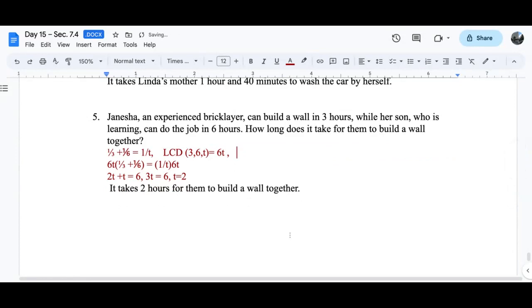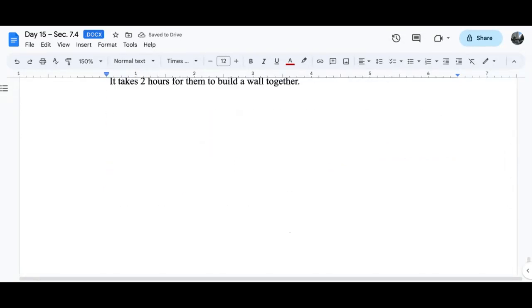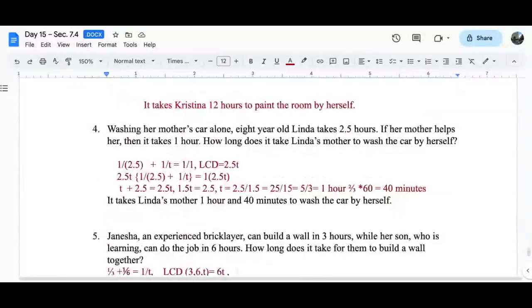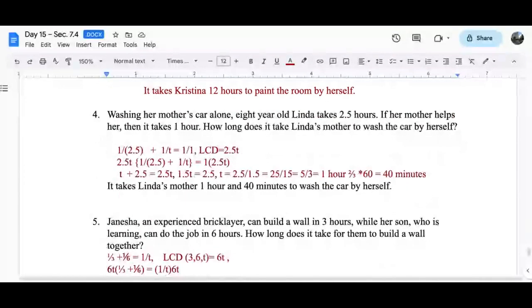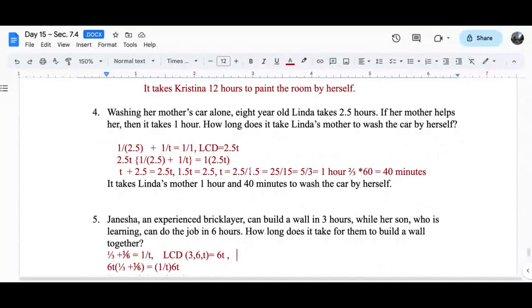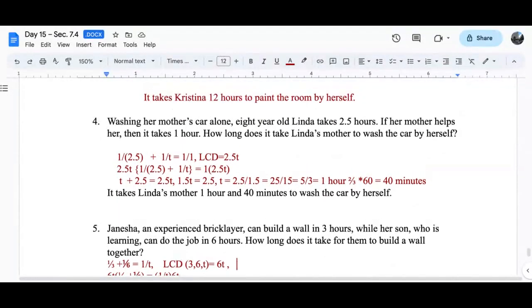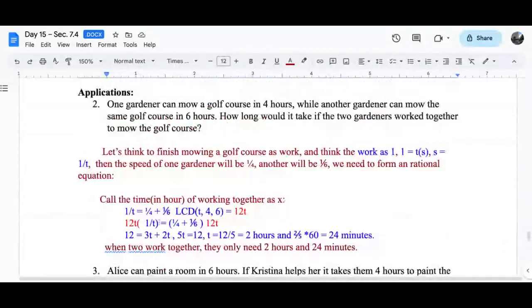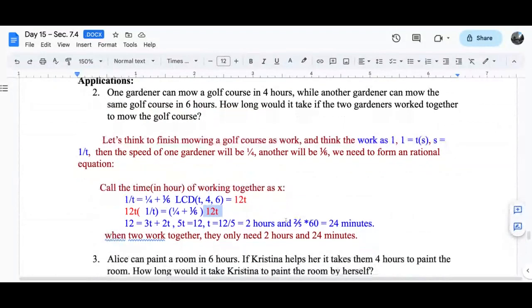All right, I think that's all for today. Does anyone have any questions? So basically, we solve rational equations, and we have these example applications, and these applications will be on your second exam. All right. So to solve rational equations, we want to figure out the least common denominator, then multiply the least common denominator on both sides to cancel out the denominators.